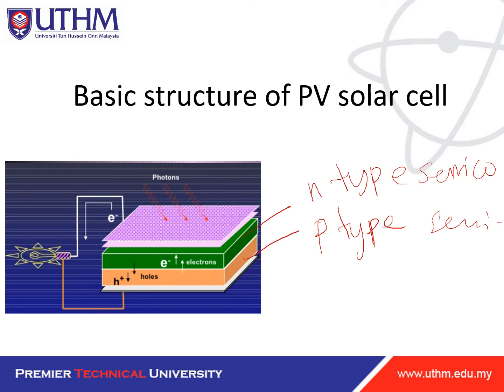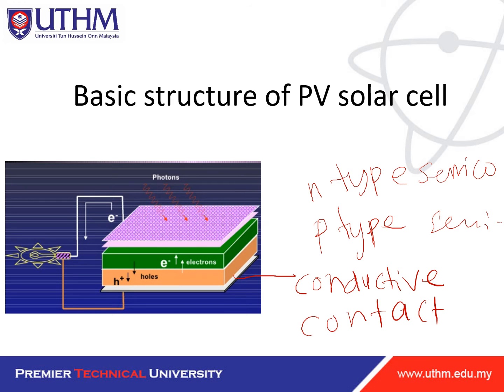The white color at the bottom is the conductive contact, and the purple at the top is the conductive grid, or transparent conductive film.